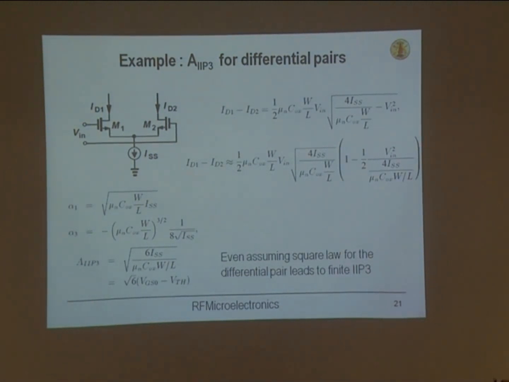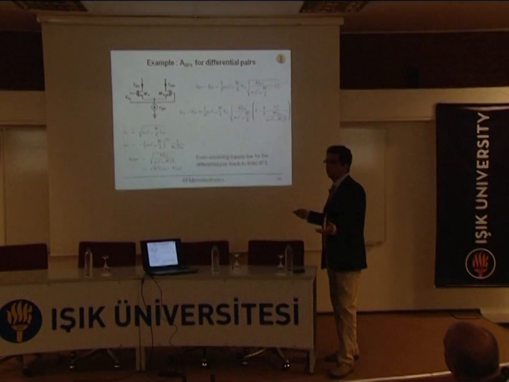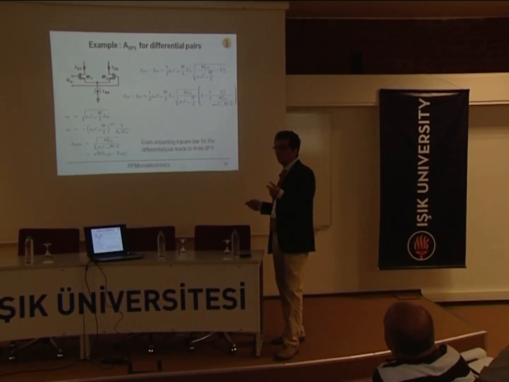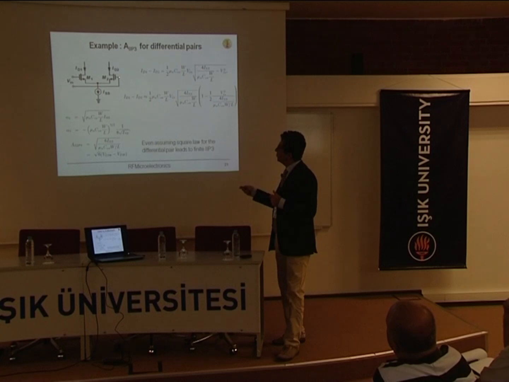So it's true that the original device is described by a square law, but this square law applies, of course, giving a different result if the source is moving and is a function of the input voltage. So this makes things much more complicated, and the actual input-output relation is not anymore described by a square law, but by a polynomial, because this is a function of the input voltage.